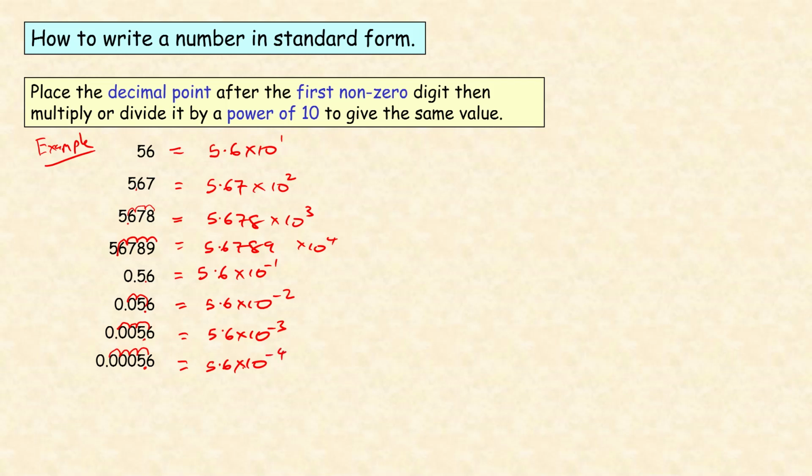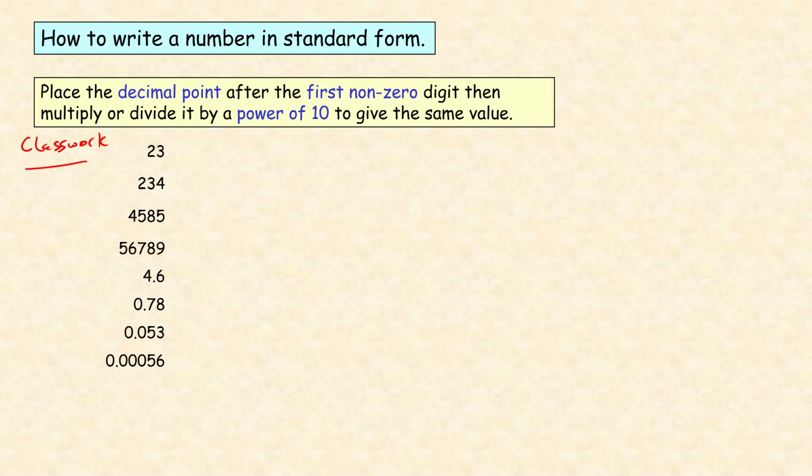Okay? So make corrections in your work, write classwork, and I've got a couple of questions for you to complete. Okay, so classwork, hit pause, copy and complete. Once you're ready, hit play again and we'll go through the solutions.